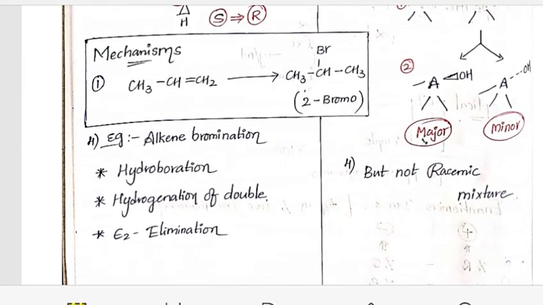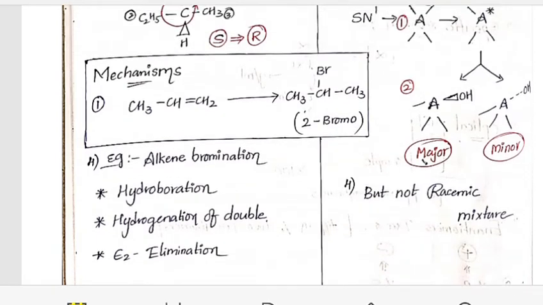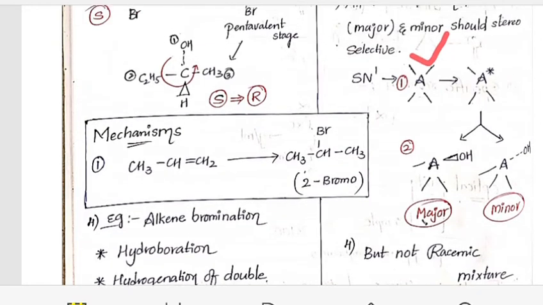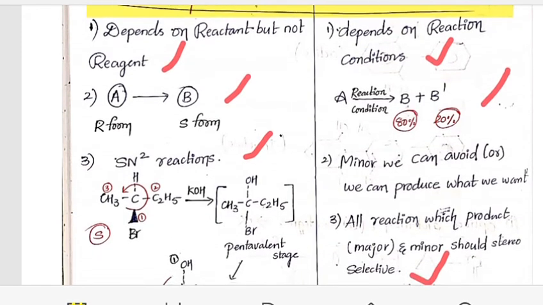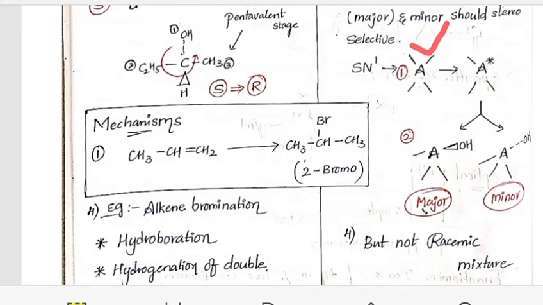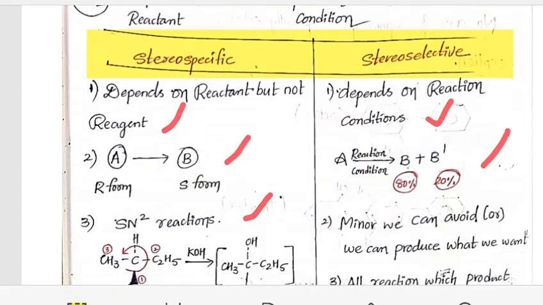I showed it here with the mechanism also, and some other examples like alkene bromination, hydrogenation of the double bond, and E2 elimination are examples for stereospecific. For stereoselective, whichever reactions show major and minor products all come under stereoselective.